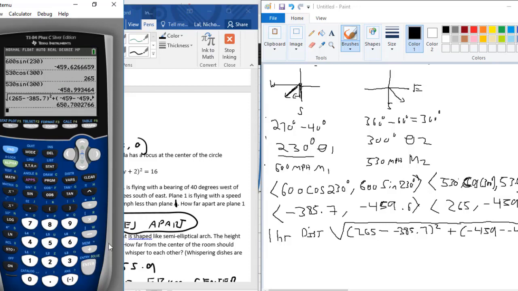So that's going to be 650.7. So 1 hour distance is 650.7.